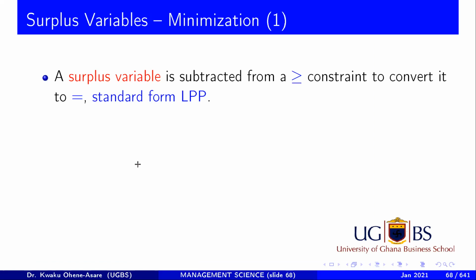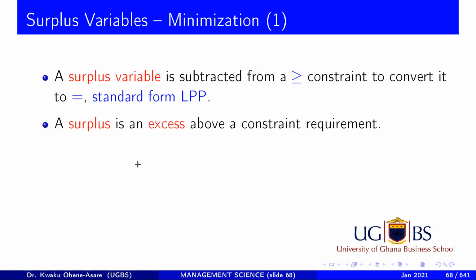Remember, in the slacks, we indicated that if you add the slacks to the constraint in a maximization, you're going to now change the symbol into equal to. Now the opposite is here. If you add a surplus into the constraint in the minimization, this time you don't add it, but you have to subtract the surplus from that, because the surplus becomes like excess above the minimum requirement.